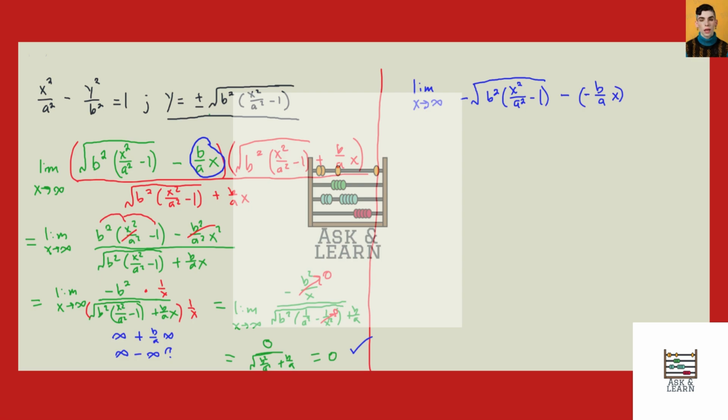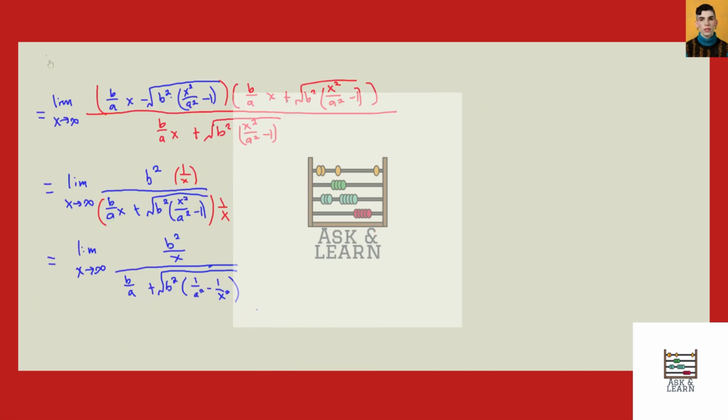Now, for this next one here, we can go ahead and follow the same steps. So first notice that these two negatives cancel out, and we can go ahead and rewrite it with the b over a x in front, and then follow the same steps. Just not to bore you all with the algebra again, I went ahead and did this beforehand.